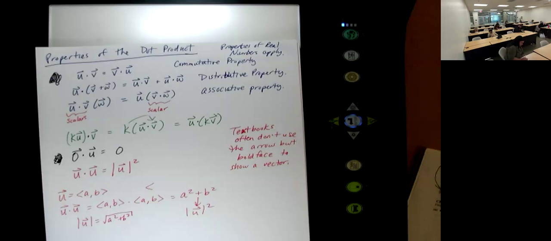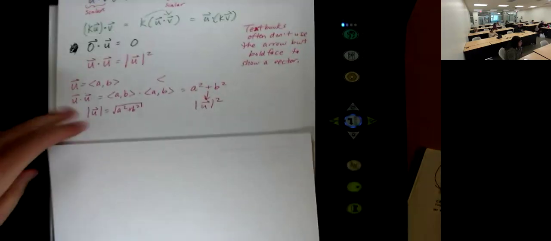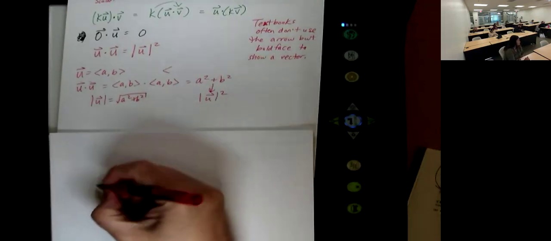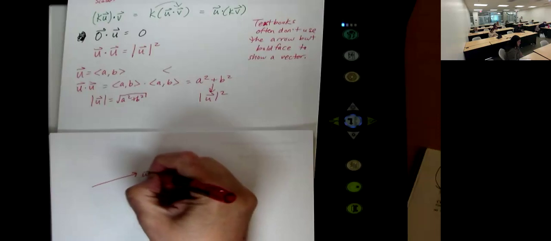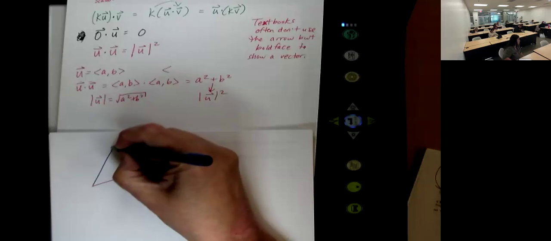The other form of the dot product requires a picture. So if I start with a vector u, and I have another vector v here.